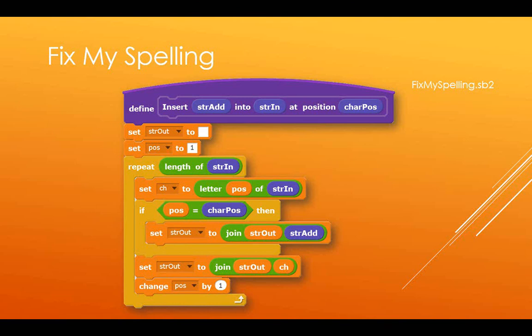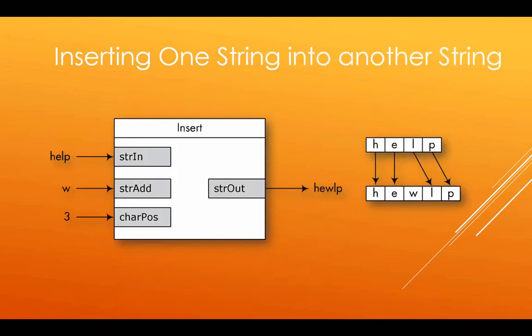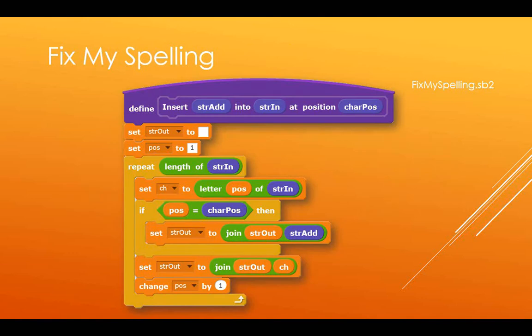So we're going to get the first character, which will be H, and then we say if position equals char pos, so the position where we must insert it, then we set string out to join string out plus string add.